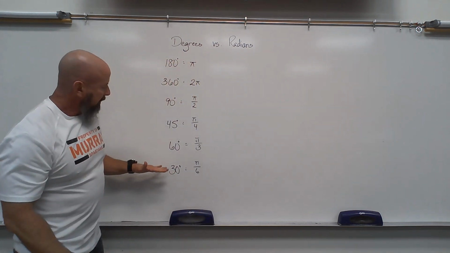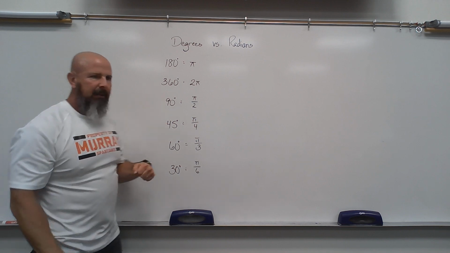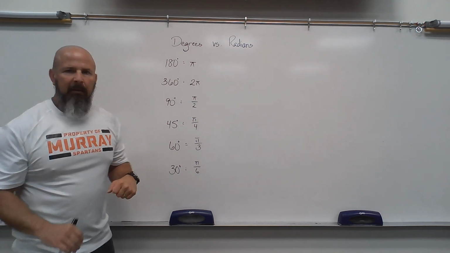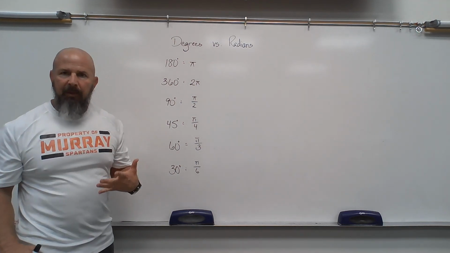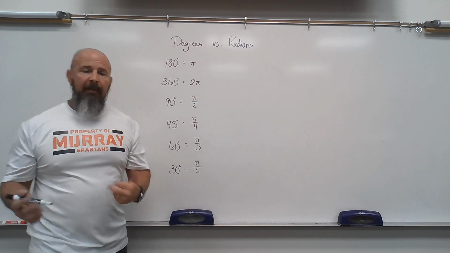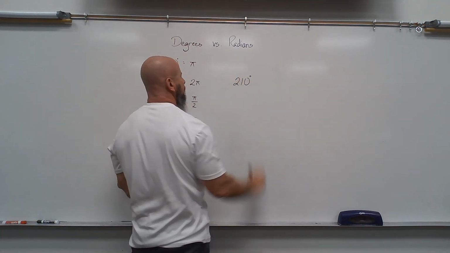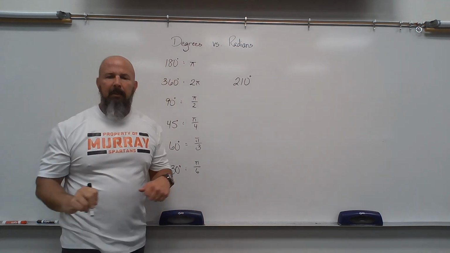These are going to be the ones that we'll primarily see going throughout trig and even on up through calculus and some other areas. Those are all our special angles. These can also make some of your conversions a little faster. So let's say I wanted to take 210 degrees and convert it to radians.